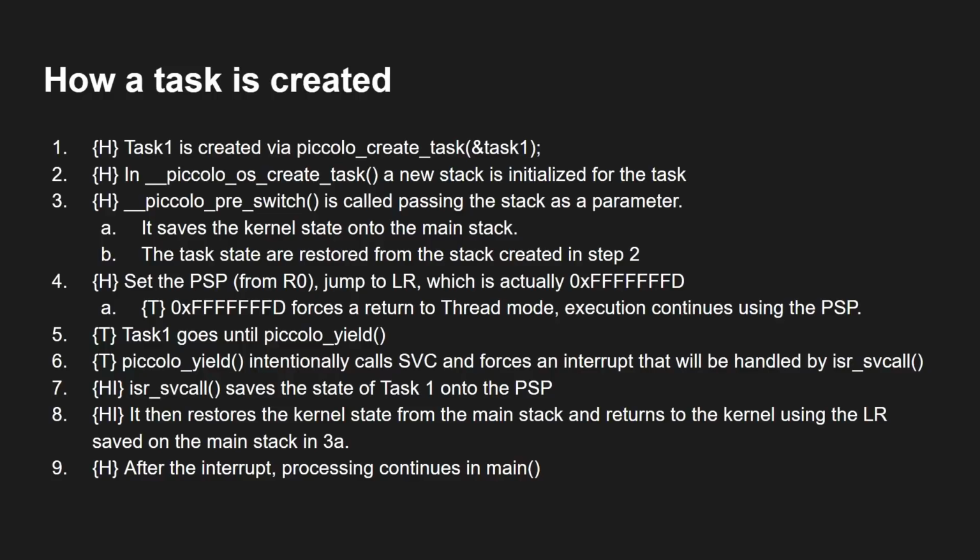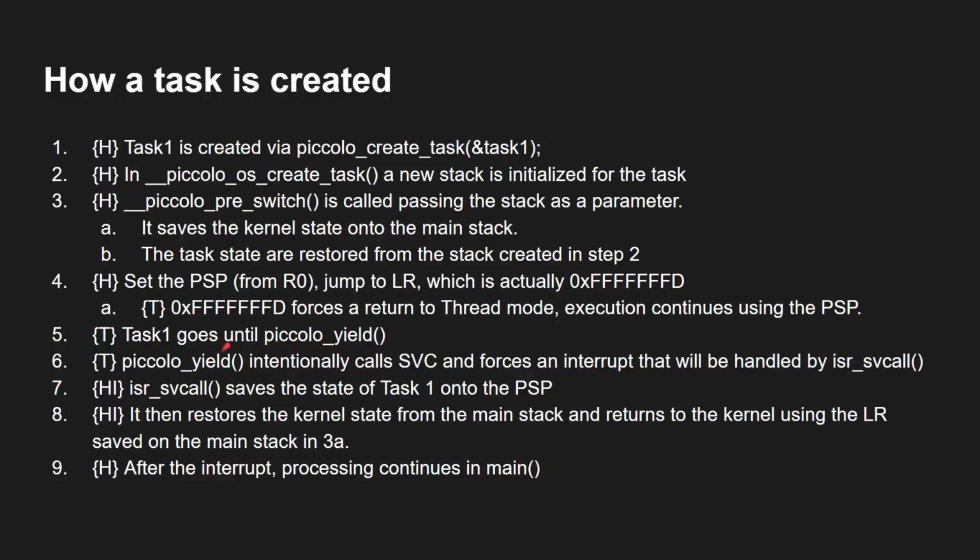And you want to switch back to thread mode using the stack that's the stack for task number 1. So this is a really neat way of creating a fake stack that mimics that you got here from the interrupt handler. You then return from the interrupt handler using this special return code, and then it uses the rest of that stack to run the thing.